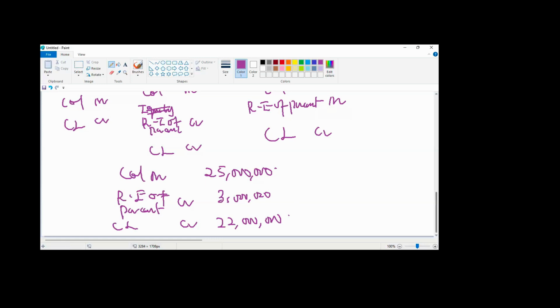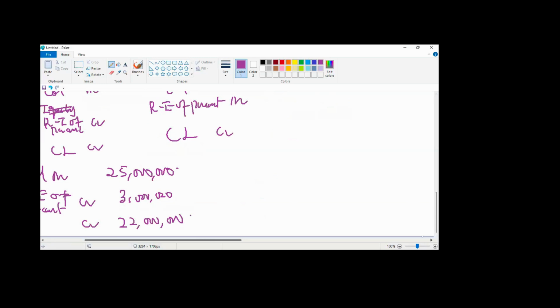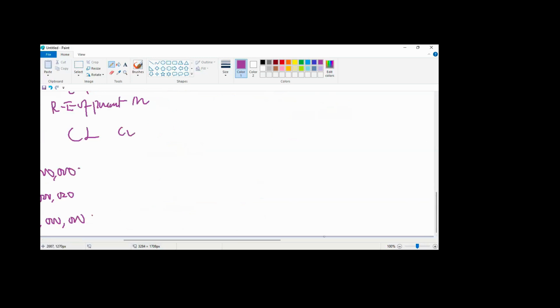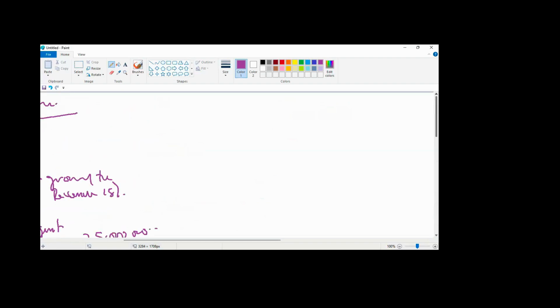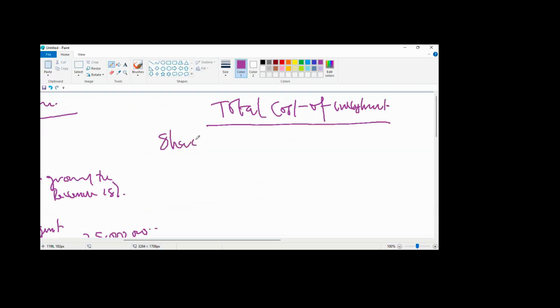So the total cost of investment that will be used for the goodwill calculation, I will take all those things that go to the cost of investment.